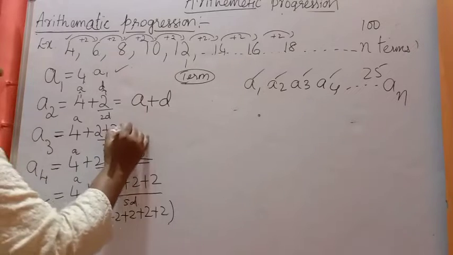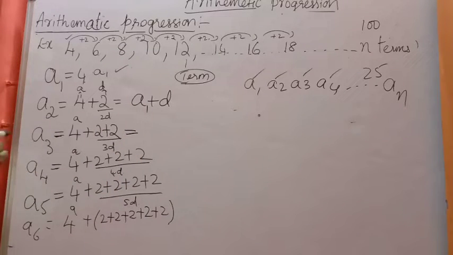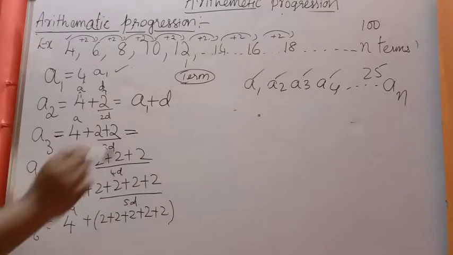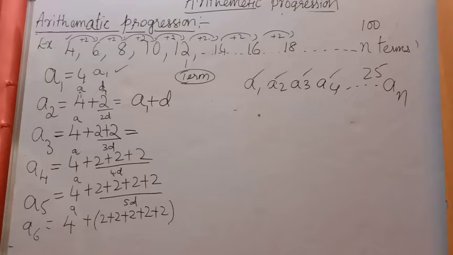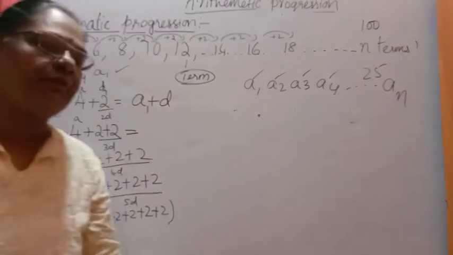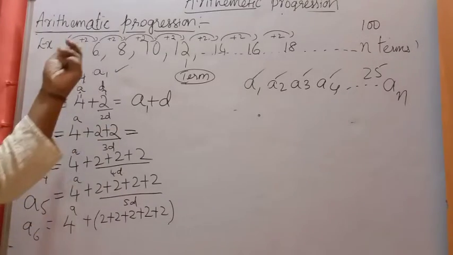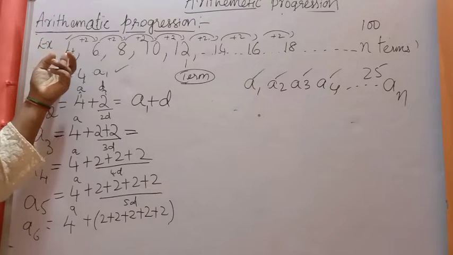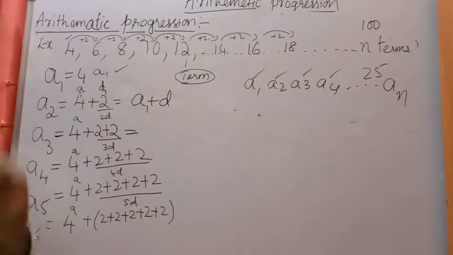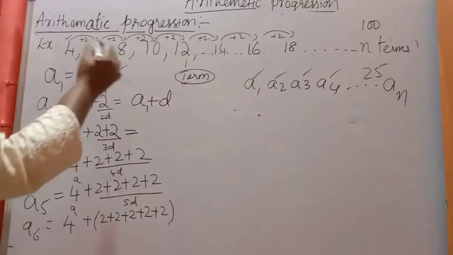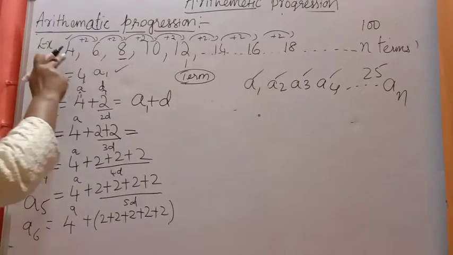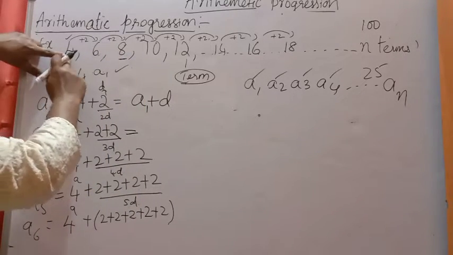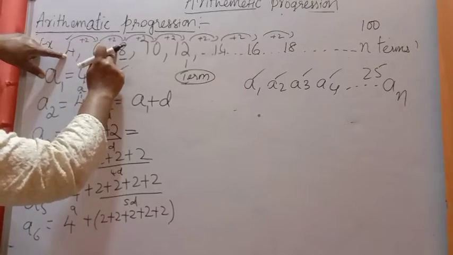So similarly, A3: if you add the difference to the second term, you will get the third term. Since I have to derive a formula, I take the first term only. How many times do I have to add the difference to get 8, the third term? 1 time, 2 times.